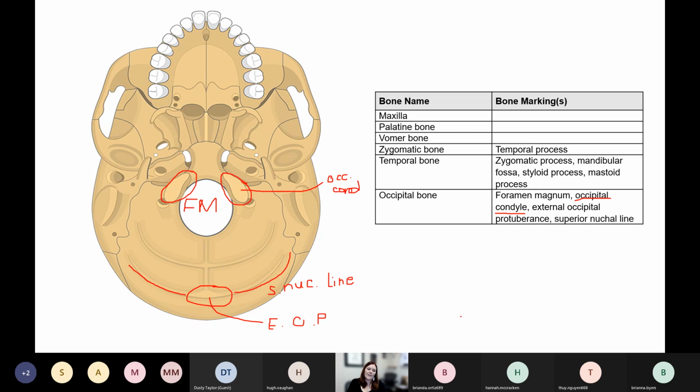We can also see, even though they're not sticking out in total 3D, if we look over here on the side, I can see my massive projection over here. That's the mastoid process. And up in front of it is that smaller one that we call the styloid process. The styloid process.